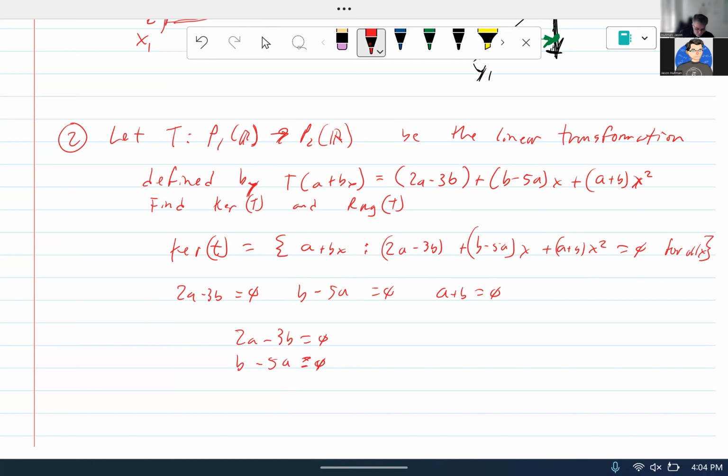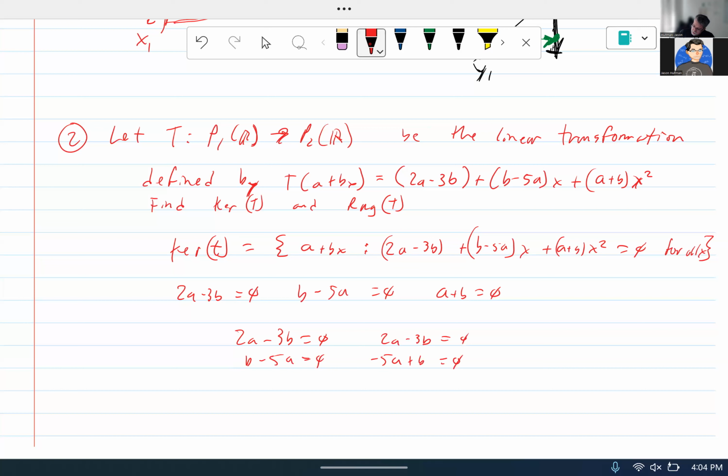So what are the only solutions here? Well, let's swap these around. Okay, this is B minus 5A equals 0. So this is going to be 2A minus 3B, minus 5A plus B, equal to 0.